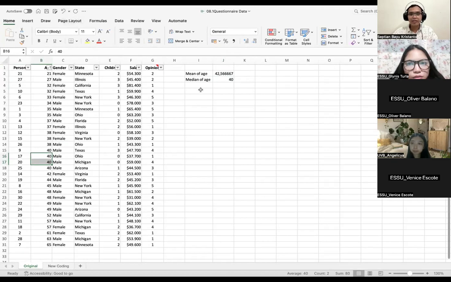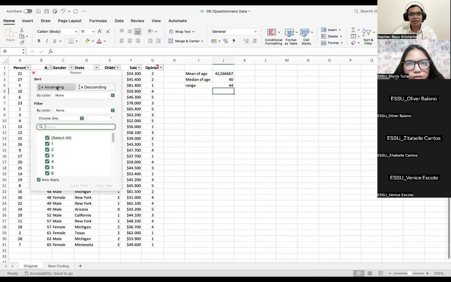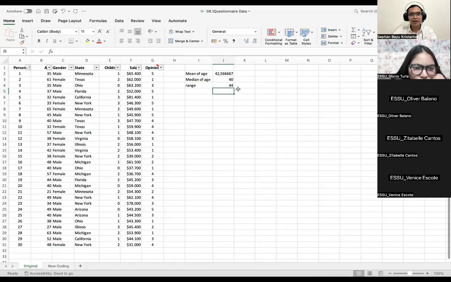If you want to find the range manually, we start with the highest number, 65 minus 21, which is 44. Let me find it with the range formula.